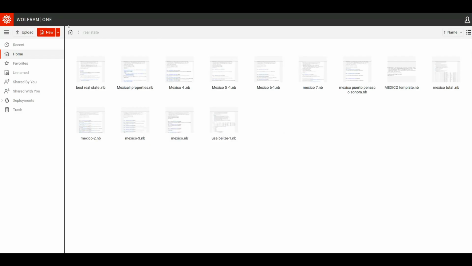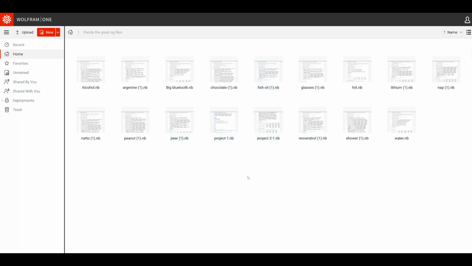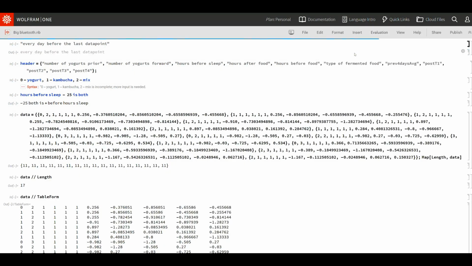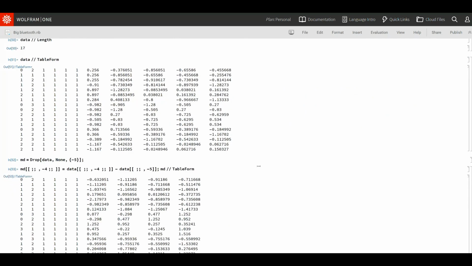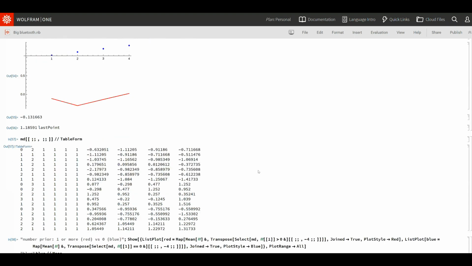Now, I updated the big Bluetooth. This is your results, so below zero.